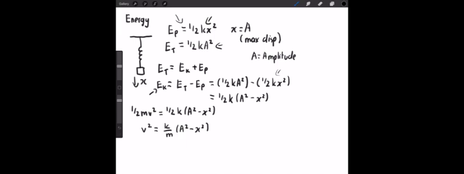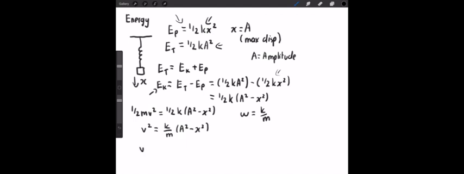Now, I know from the previous lesson that omega, in this case, is equal to the square root of k over m. That's putting it into the equation of the harmonic equation: acceleration is proportional to negative displacement, and I can rearrange that and substitute that in instead of writing k over m.